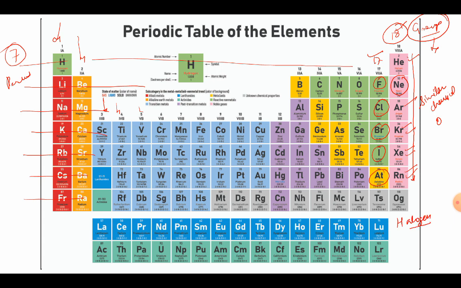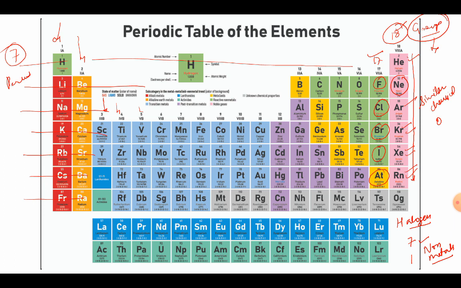If I say that chlorine is a halogen, it means that fluorine, bromine, iodine and astatine are also halogens. Group 17 tells us that 7 is the number of valence electrons and 1 is the valency, and 7 valence electrons tell us that all of them are non-metals. So that is the need for the classification of elements.